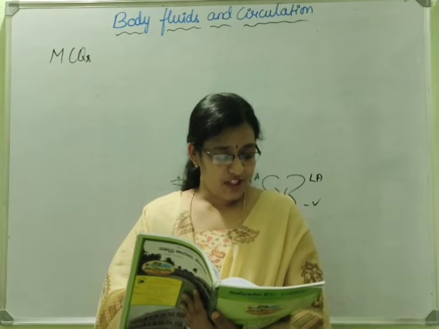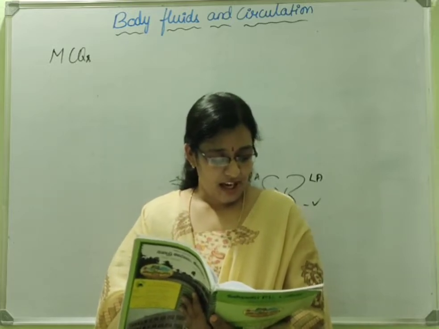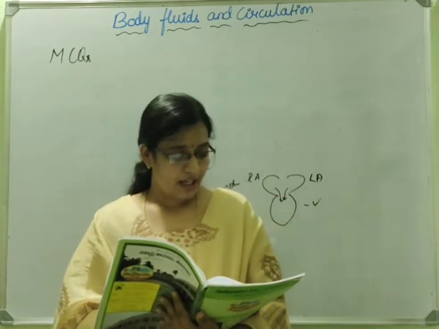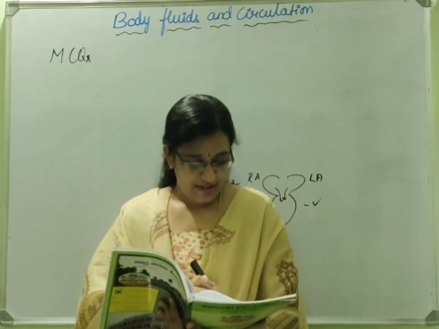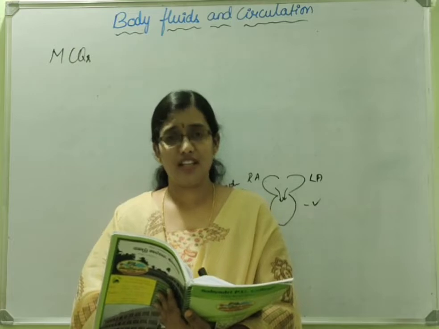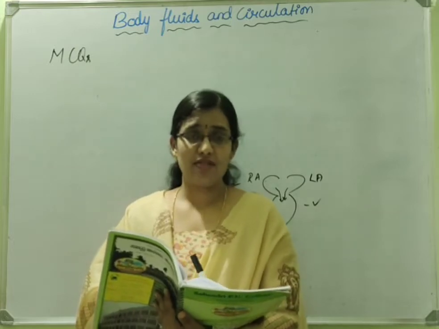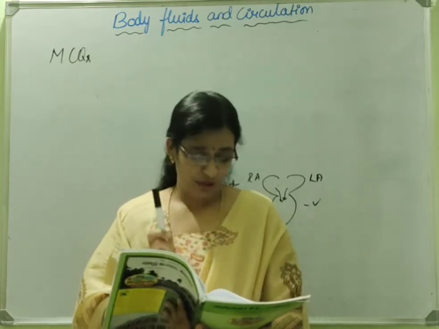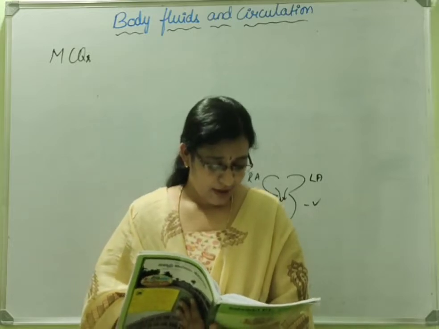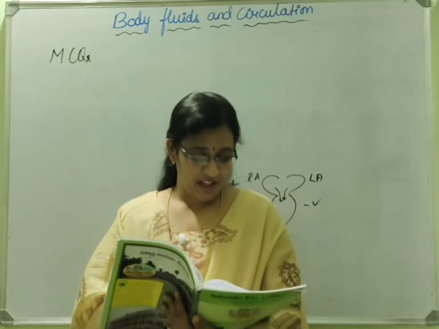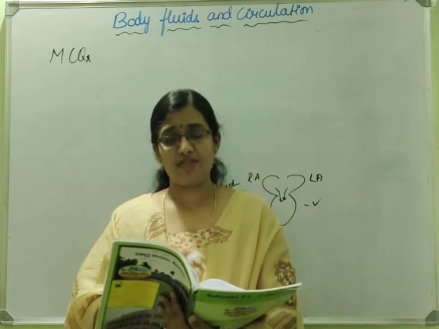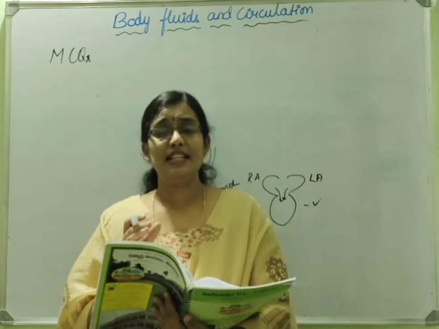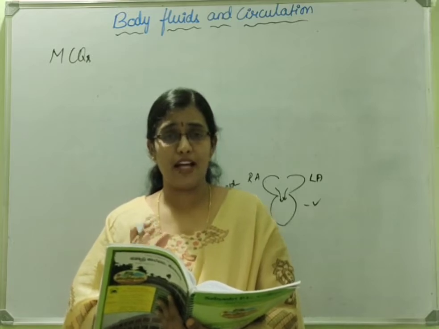Next question, ventricles are related to option A, heart only, B, brain only, C, both 1 and 2, D, none of this. See, ventricles are present in the heart as well as the brain. They are the communication network of cavities which are filled with CSF, that means cerebrospinal fluid.